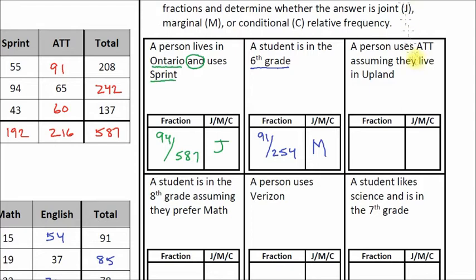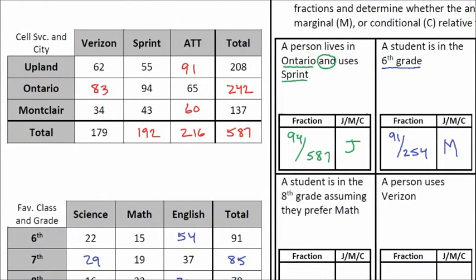A person uses AT&T, assuming they live in Upland. Assuming is our key word that tips us off that it is conditional probability, which means we only look at the total of a specific column and row. Now we're assuming they live in Upland, and that means our denominator is going to be the number of people who live in Upland.